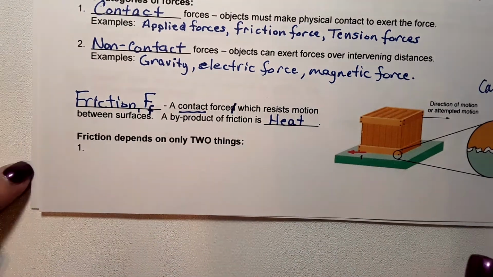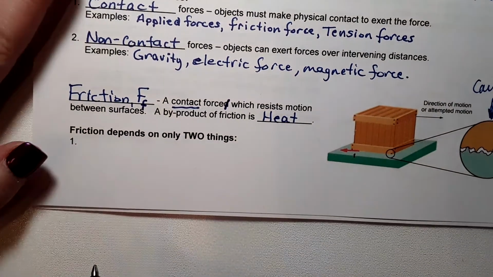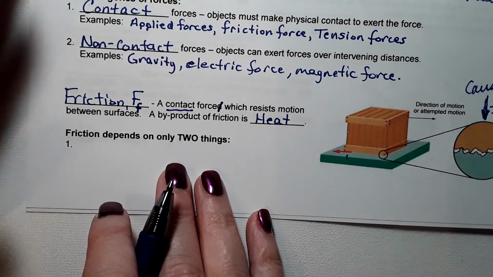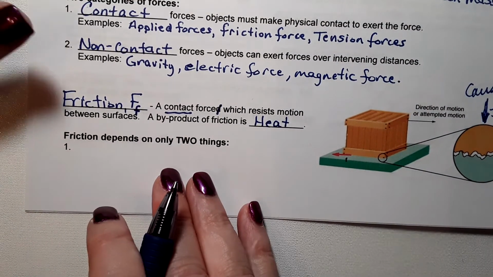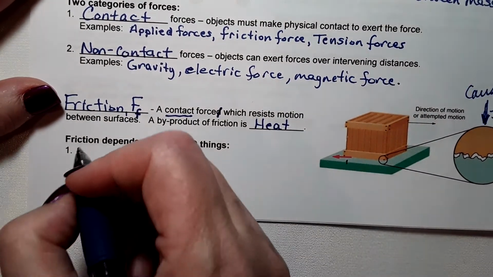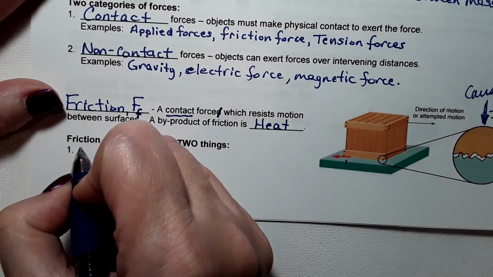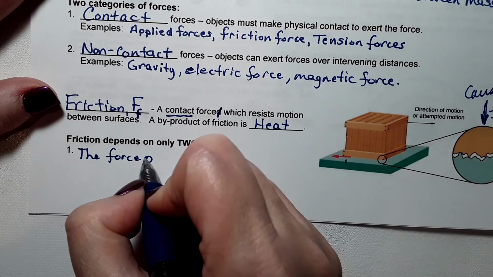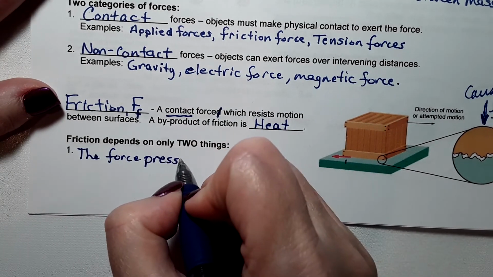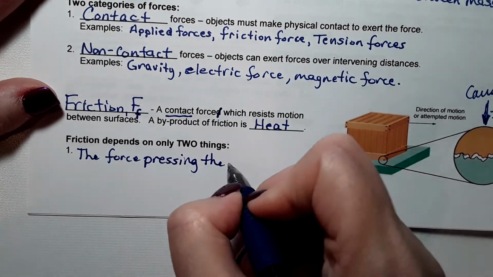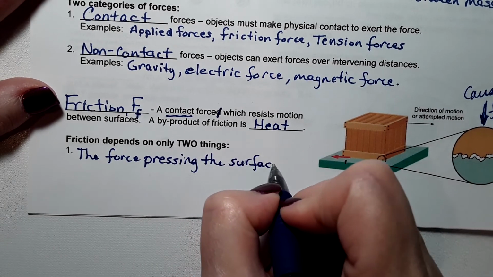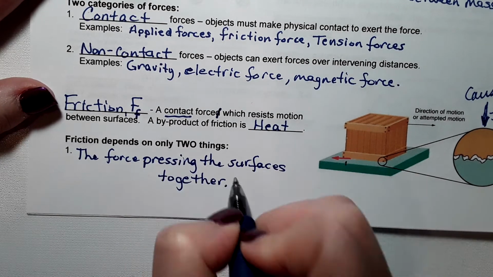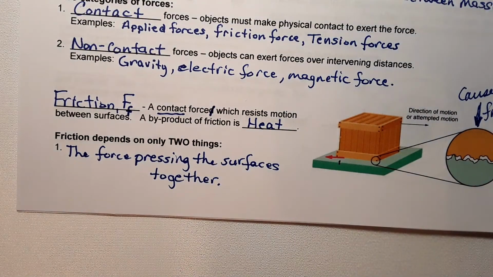So what is it that friction depends on? Okay, how do you know when you're going to have more friction and when you're going to have less? Well, one very important thing that friction depends on is the force pressing the surfaces together. The force that's pressing the surfaces together.